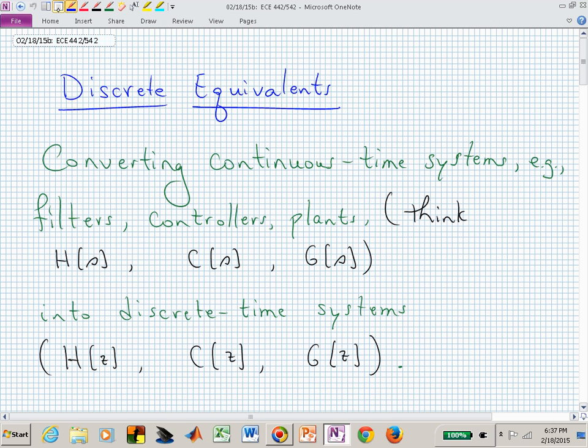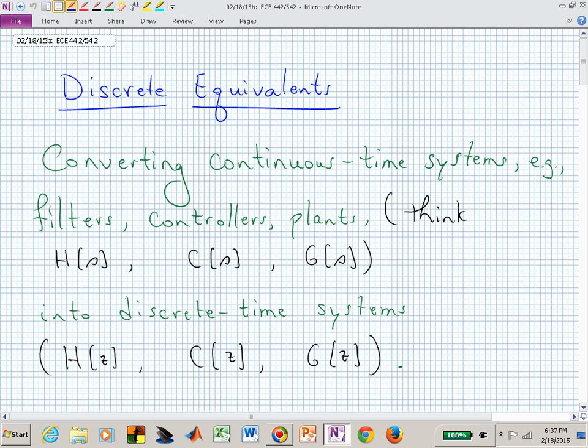I didn't see any hands or hear any questions. So we're going to move on to the next topic, which is discrete equivalence.